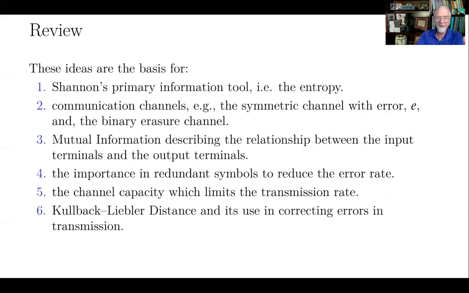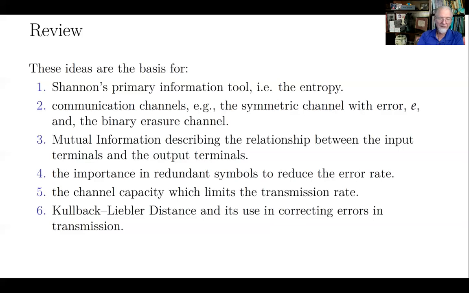The importance of redundant symbols to reduce the error rate is important. The channel capacity, which was defined in Shannon's paper, limits the transmission rate.